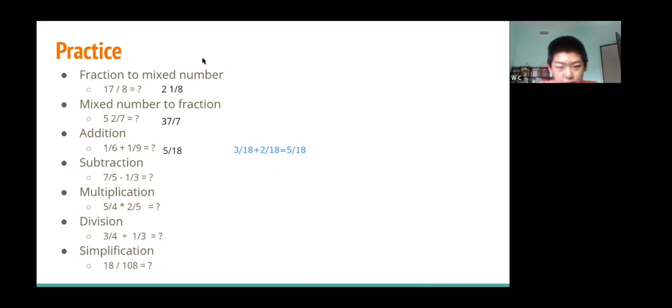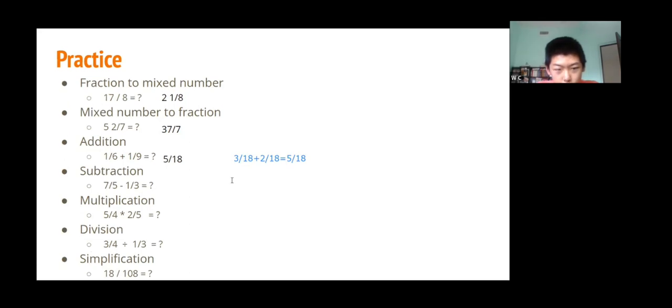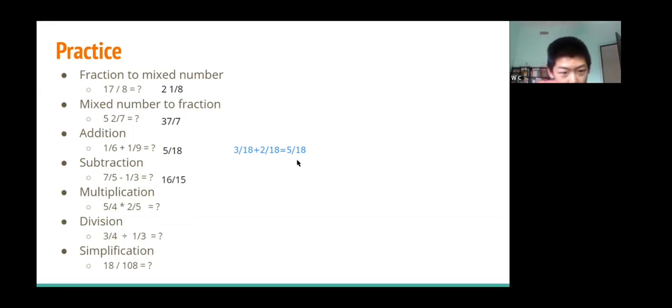In subtraction, you have to do 21 over 15 minus 5 over 15. So that equals 16 over 15. In multiplication, you multiply and you get 10 over 20, which simplifies down to a half.